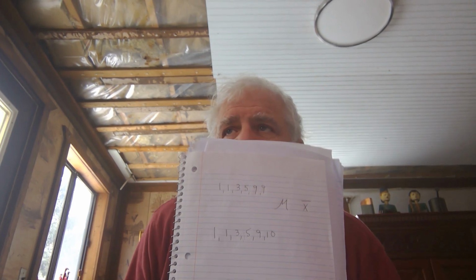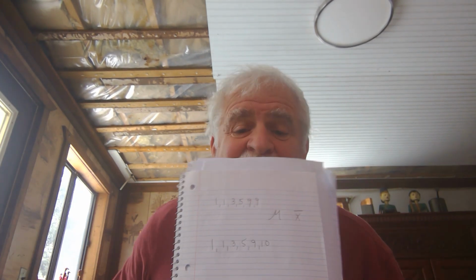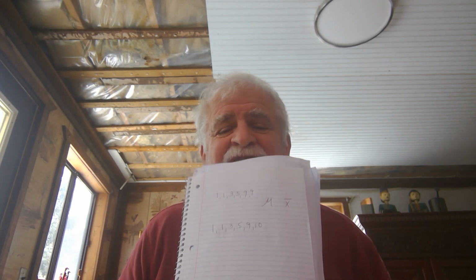Now, there is one more measure before I get into some of the details of means and medians. There's one other measure that is not a good measure, but it sometimes is used as an average, and that's called the mid-range. Okay, the mid-range, like I said, is not often used. I probably won't ask you questions about it.